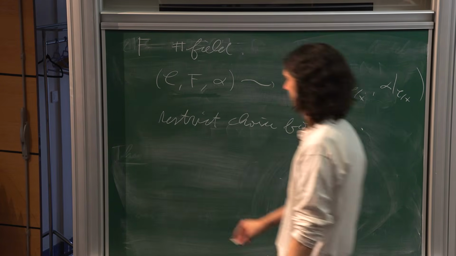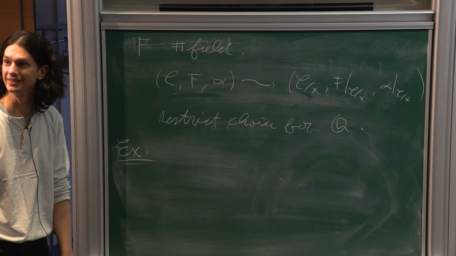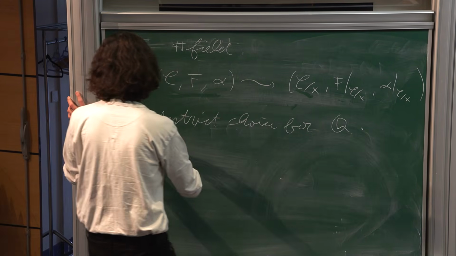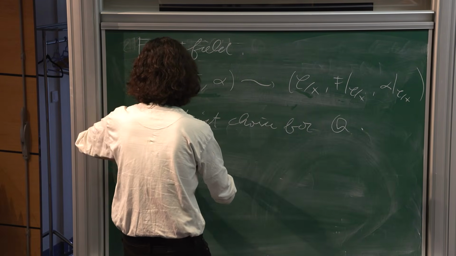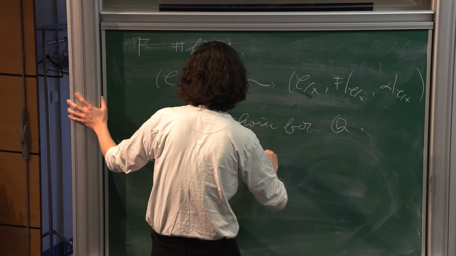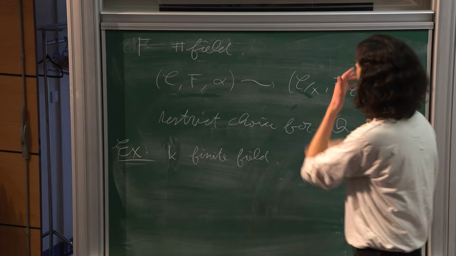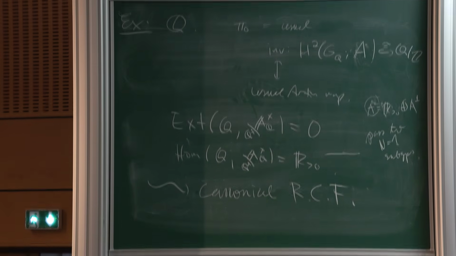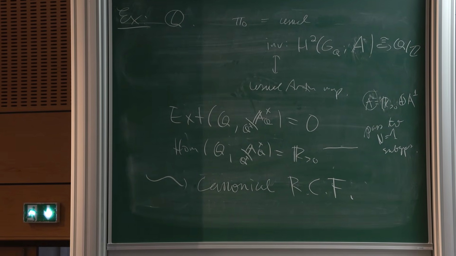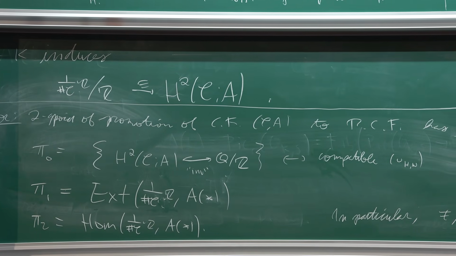Okay, now here comes the unpleasant surprise. So let's say that k is a finite field. Then again, there's no problem at the pi 0 level because the group is canonically Q mod Z, the H2 group.